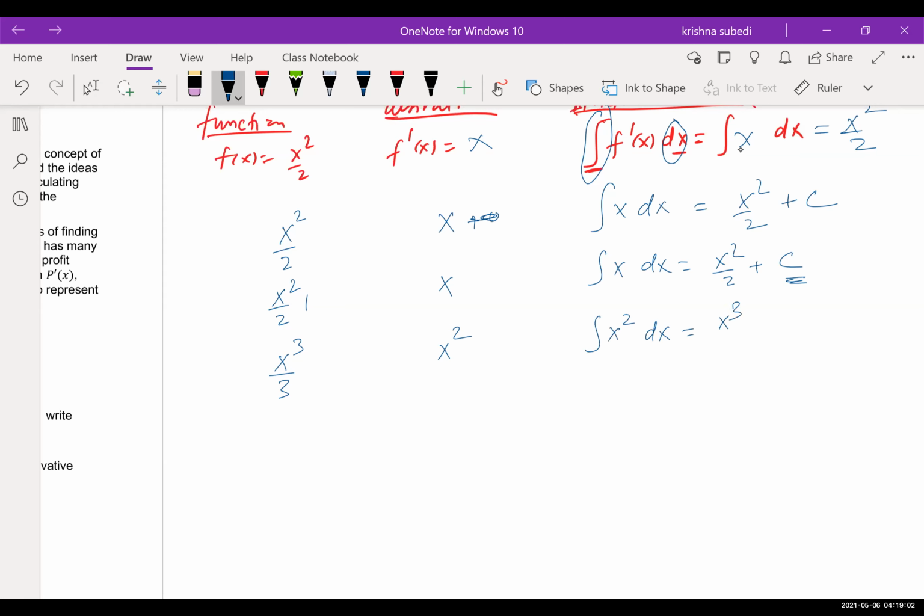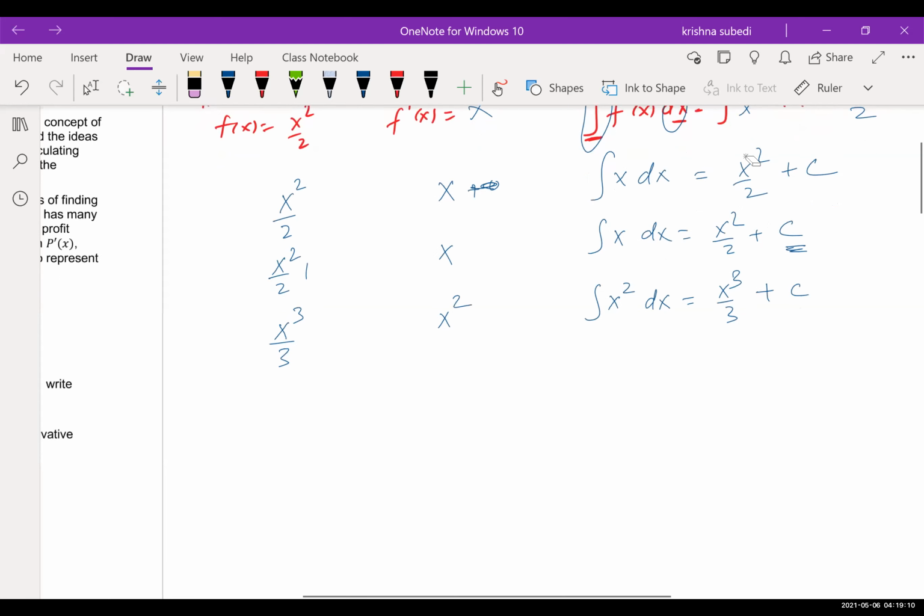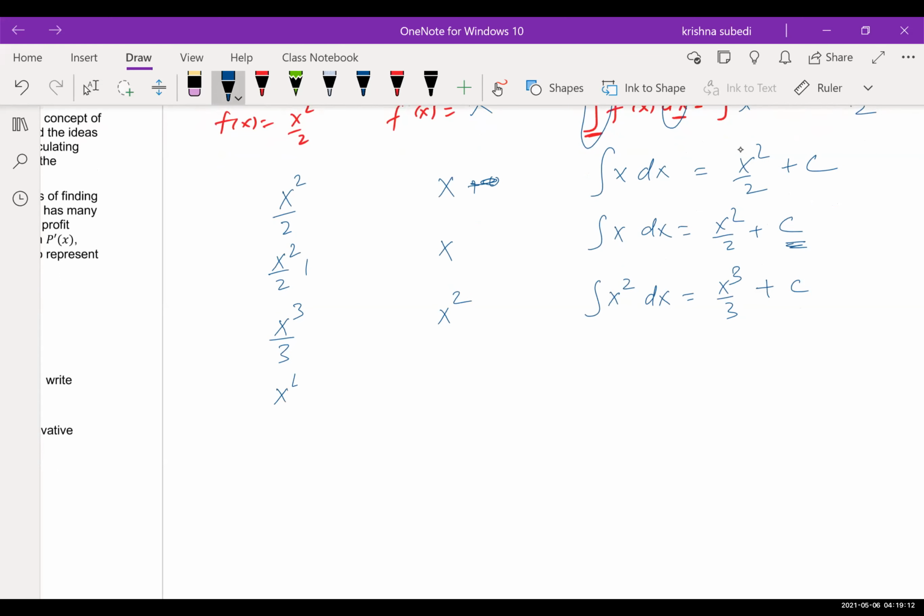I should get x cubed over 3, and depending on what constant we have, I just write C. Let's do one more. Let's say you are given x to the power 4 over 4, for example. The derivative will be x cubed, right? So if I do the antiderivative of x cubed, I should get x to the power 4 over 4 plus C.